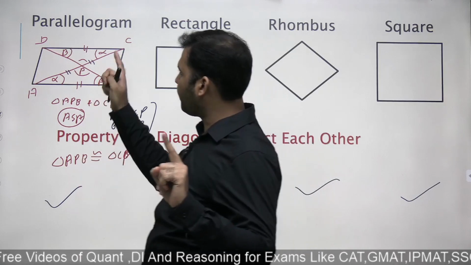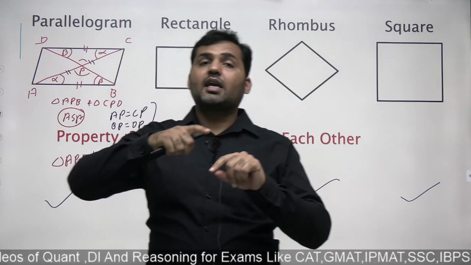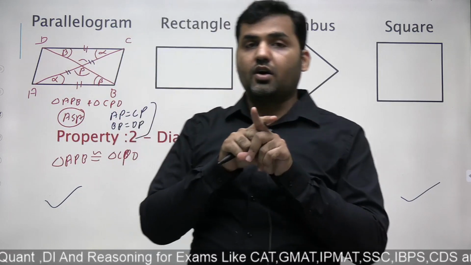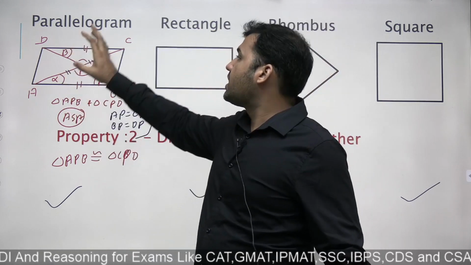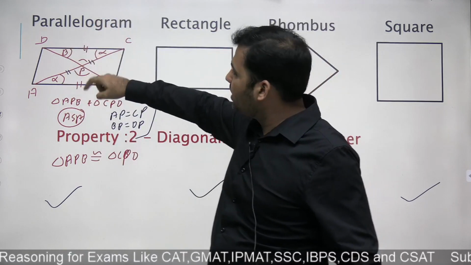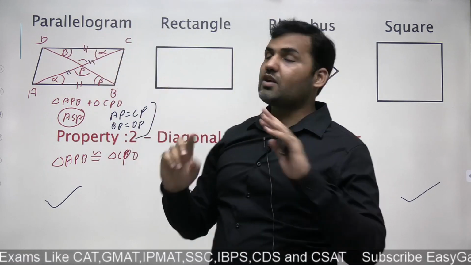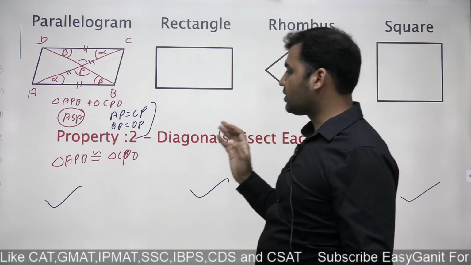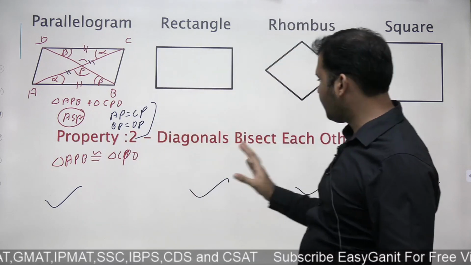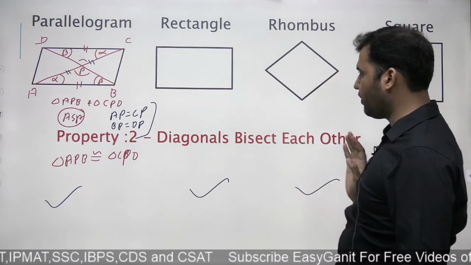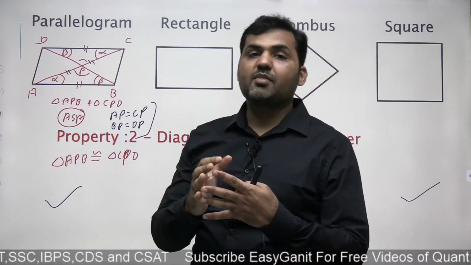So if you proved it for parallelogram and if you know the proof कि diagonals bisect होने का proof ये है कि ये दोनों triangles congruent हैं और ये congruency का proof ये है कि opposite sides parallel and equal हैं. So because opposite sides are parallel and equal in each of these four figures, so can I also say that diagonals bisect each other is a one property which is applicable for each of the figures. आपको अलग से क्रैम नहीं करना है.